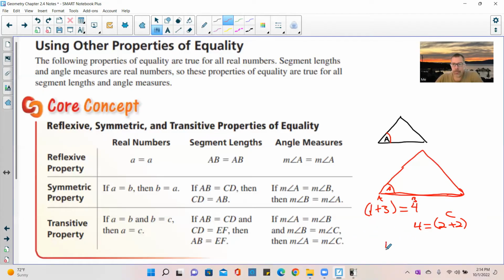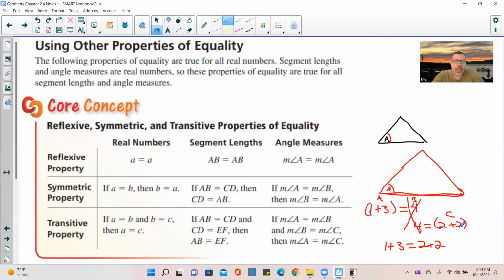Then A equals C. And 1 plus 3 does equal 2 plus 2. So what happens is the middle term, or the B in the middle, cancels, and you can simply say A equals C. That is the transitive property.